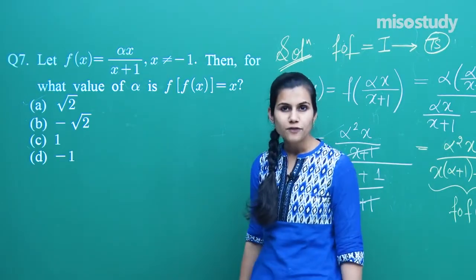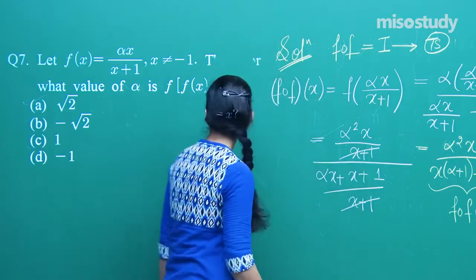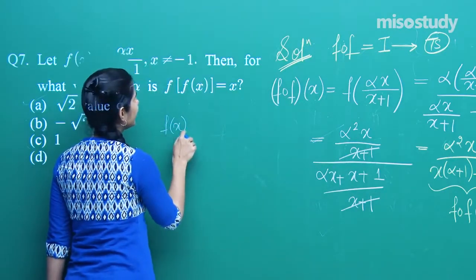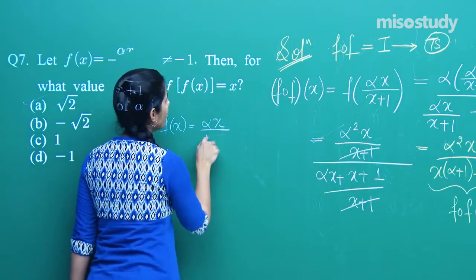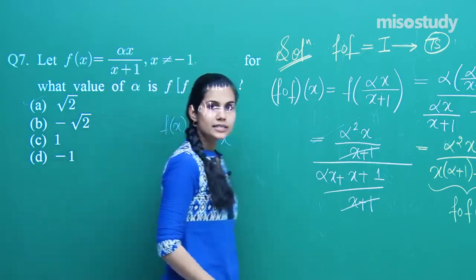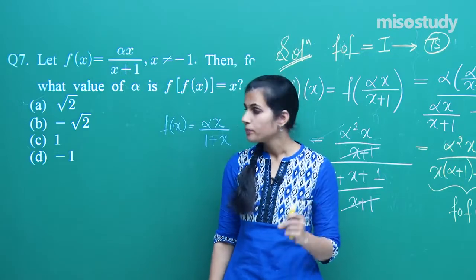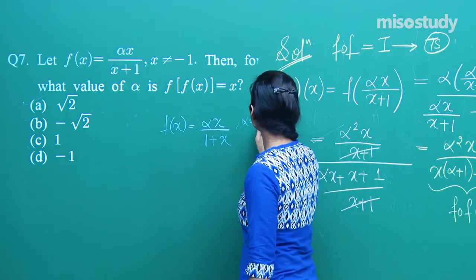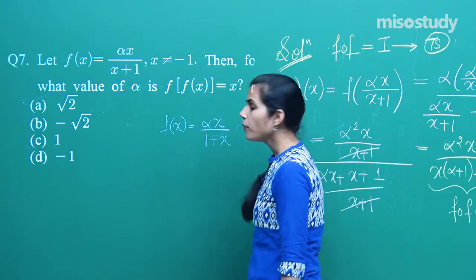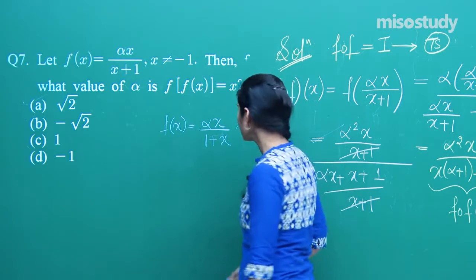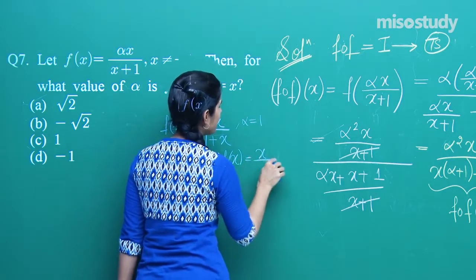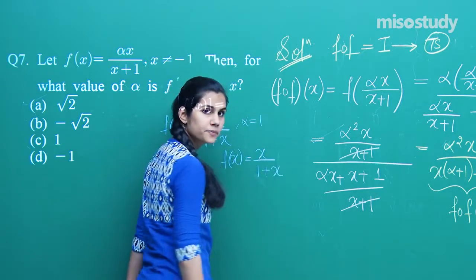Let's do that for alpha equal to 1 firstly. If I try and do it over here, I have f of x equals alpha x upon 1 plus x. That is what I wish to do. So with alpha equals 1, I have x upon 1 plus x as my f of x. So I have f of x equals x upon 1 plus x.